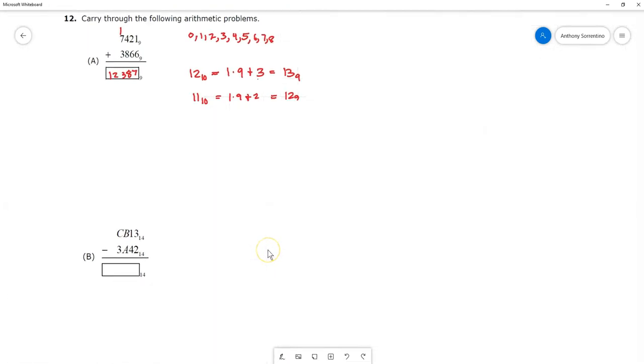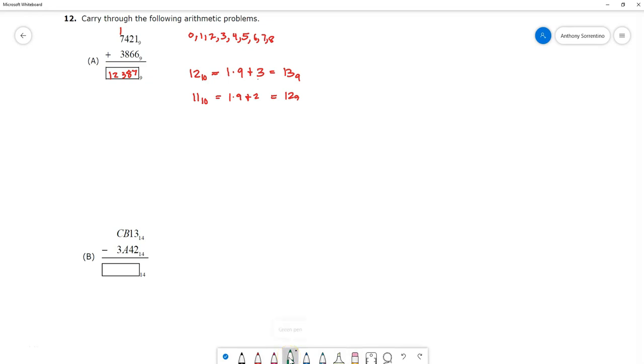So when you do addition, you have to be aware of the digits that you're allowed and when you have to carry one over. You have to do that too when you deal with subtraction, but you also have to make sure you're borrowing correctly and adding things together properly. And in this case here, I'm also dealing with a base over 10, so I have to be aware of certain digits that are represented with letters.